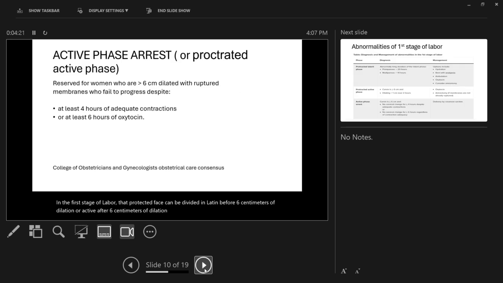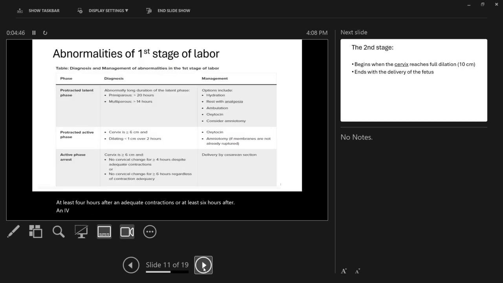The active phase arrest is only reserved for after 6 centimeters of dilation, when we have also rupture of the membranes and we fail to progress in the labor at least 4 hours after adequate contractions, or at least 6 hours after an IV infusion of oxytocin. Abnormalities of the first stage of labor.